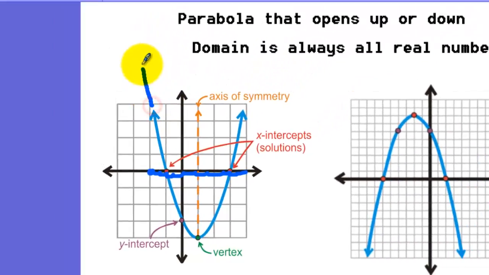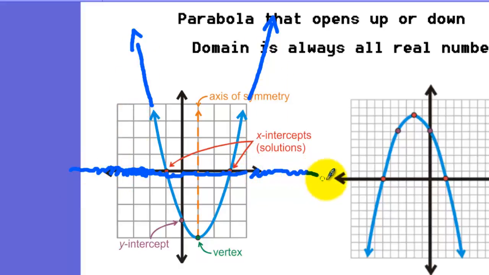We can still extend this all the way up. And as you continue to trace your function here, the shadow on the x-axis will be here. And as you continue, eventually the shadow is going to cover the entire x-axis. That's why whenever a parabola opens up or down, the domain is always all real numbers.